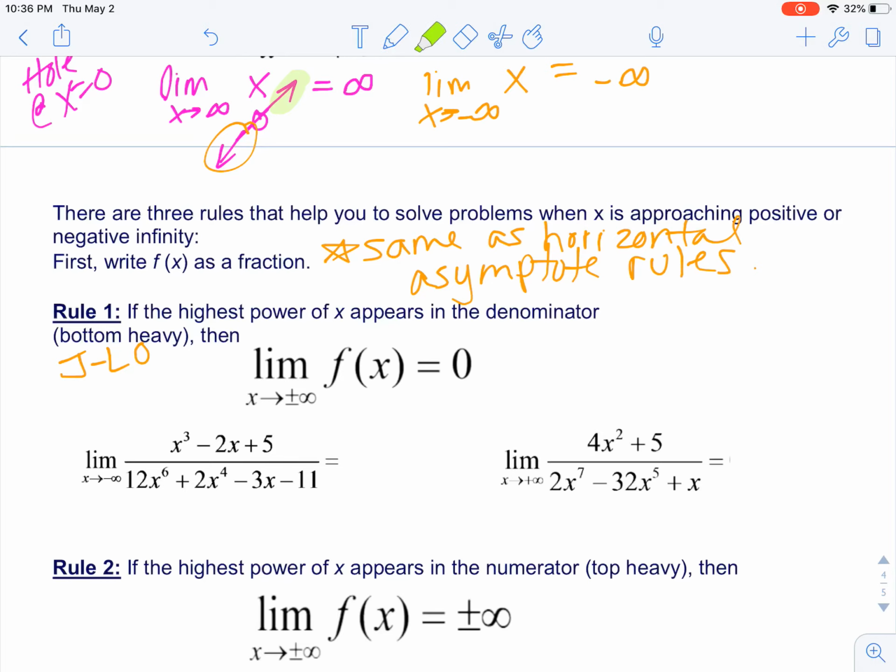So in each of these, let's look at our coefficients. X to the 6 is bigger than x cubed, so it's going to approach 0. Over here, x squared is our highest degree in our numerator, x to the 7th is the highest degree in the denominator, so approach 0.